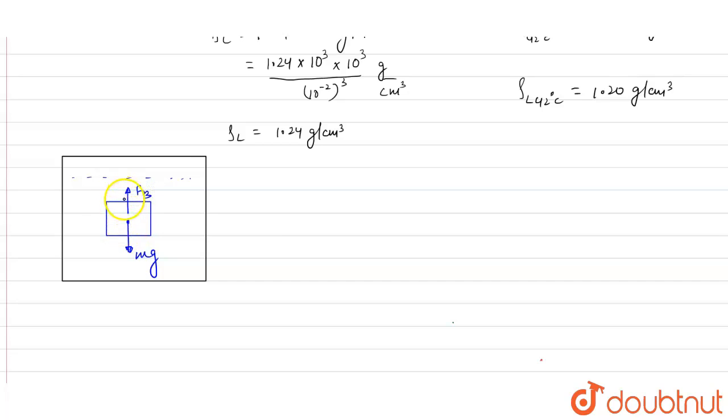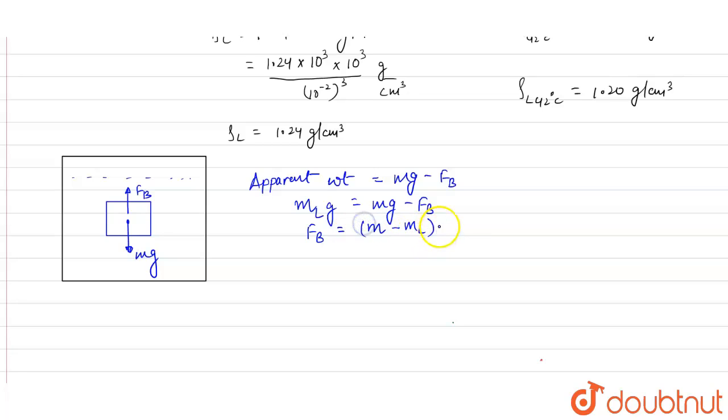So the principle of flotation will come into action, and we can calculate the apparent weight of the block as mg minus buoyancy force. Apparent weight is mass in the liquid into acceleration due to gravity, equals mg minus buoyancy force. From here, the buoyancy force will come as mass of the block minus mass of the block in the liquid, into acceleration due to gravity.